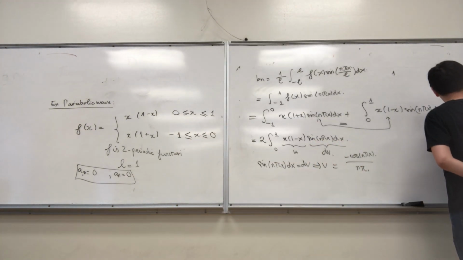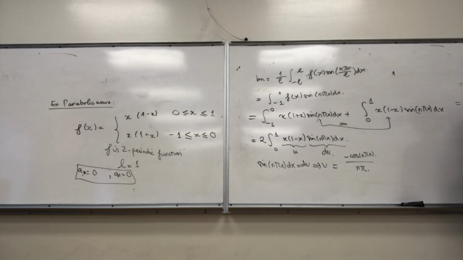So uv will be x(1 minus x) times minus cos(n pi x) over n pi, taking the difference between 0 and 1. And the other term will be minus the integral from 0 to 1 of v, which is minus cos(n pi x) over n pi, and du will be d of x(1 minus x).